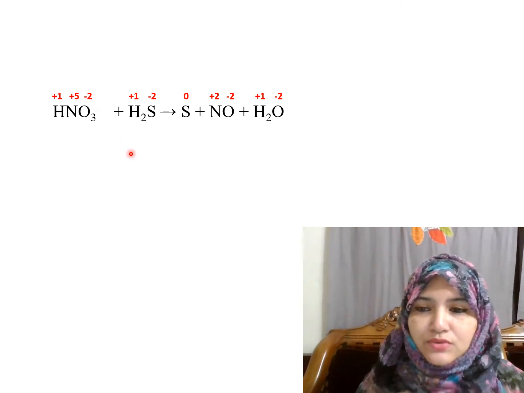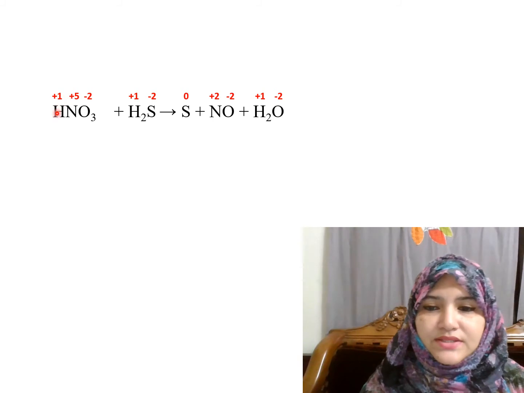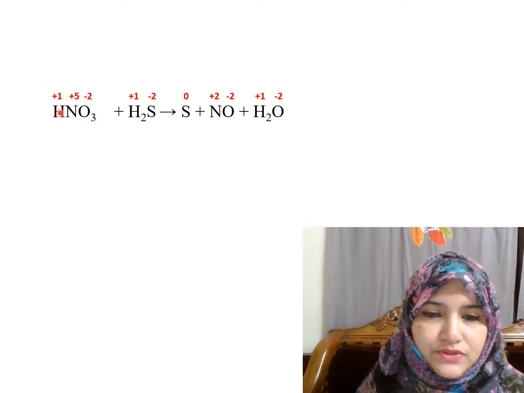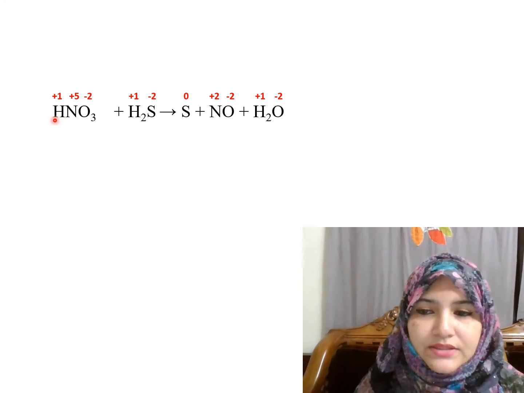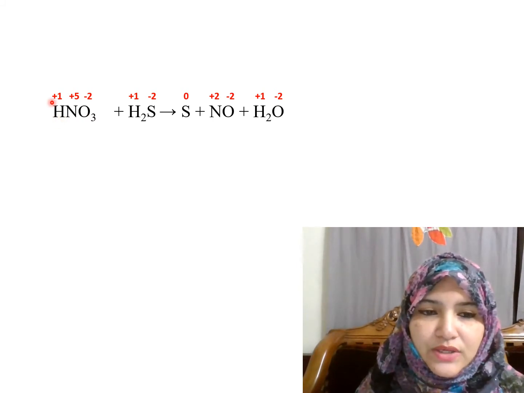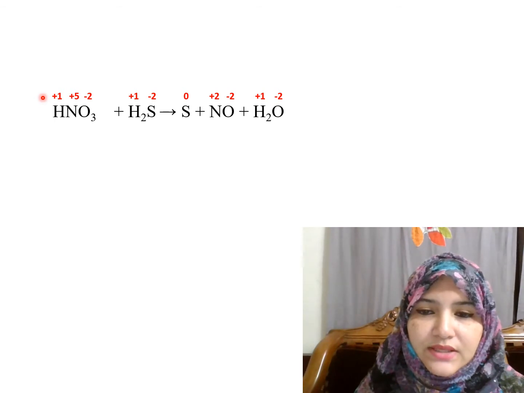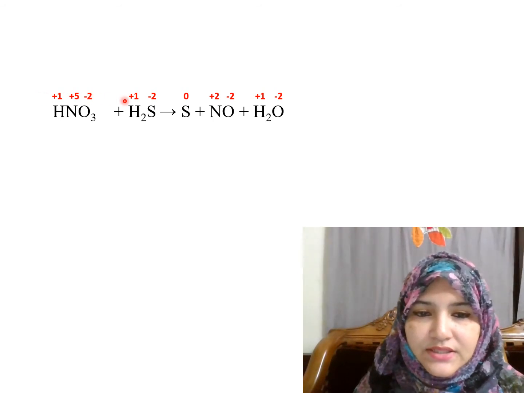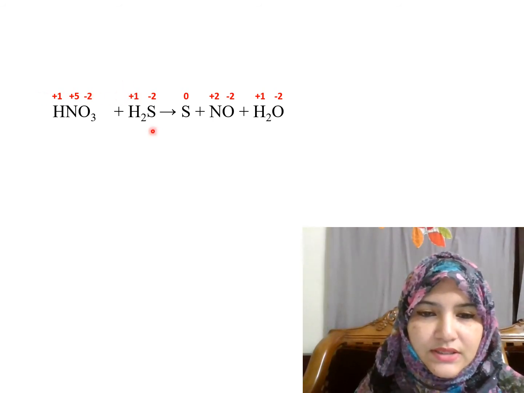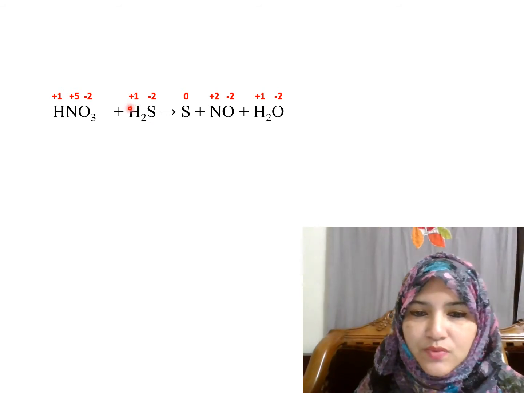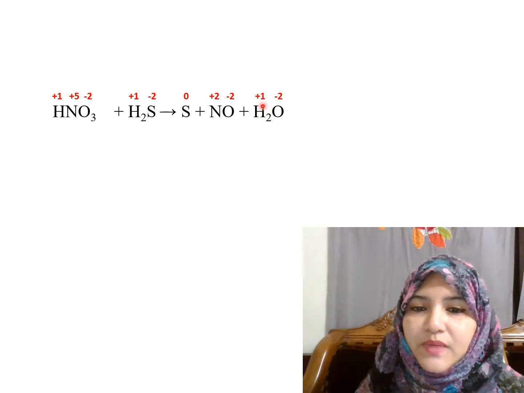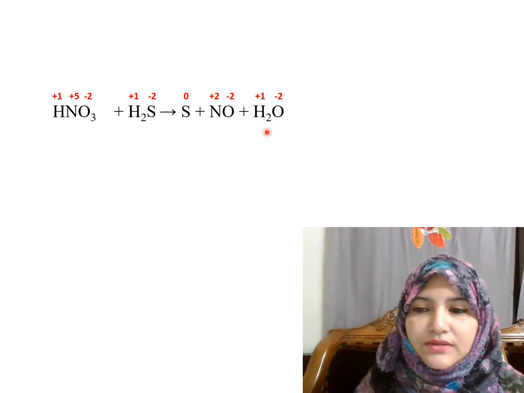And now let's look at the first reactant, nitric acid. Here we have hydrogen, and hydrogen is +1. In the second reactant it is also +1, and on the right side it's also +1 in water, in this product.